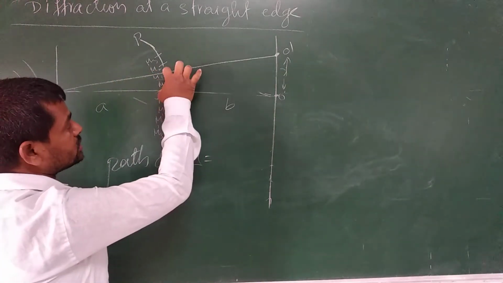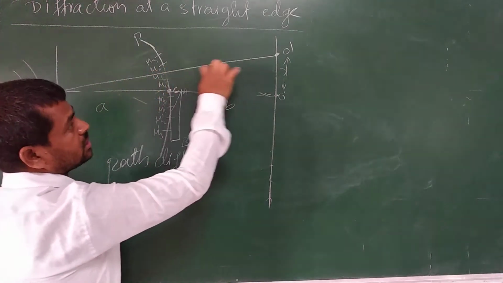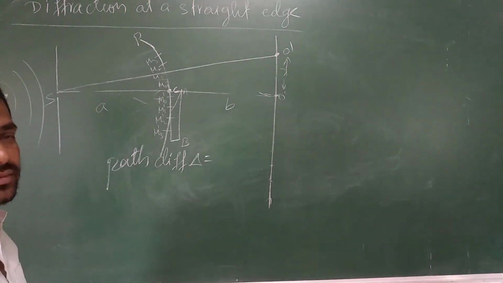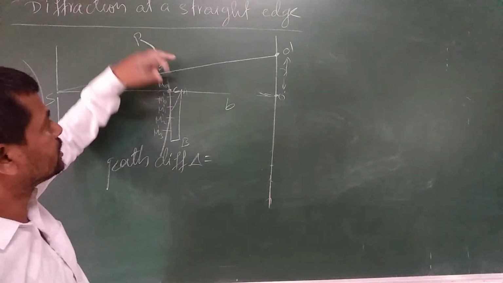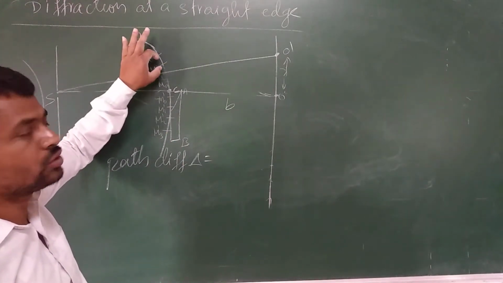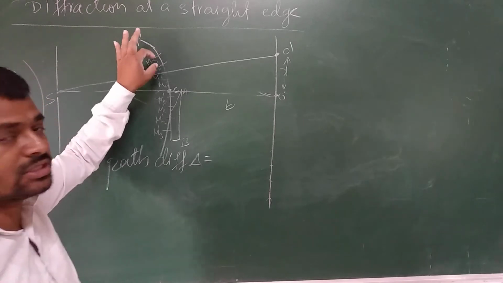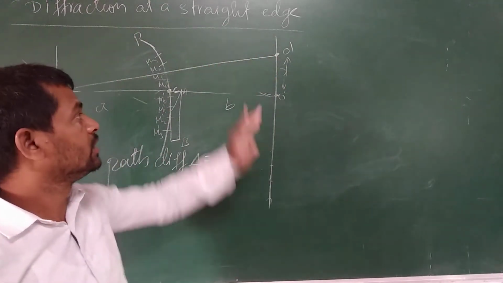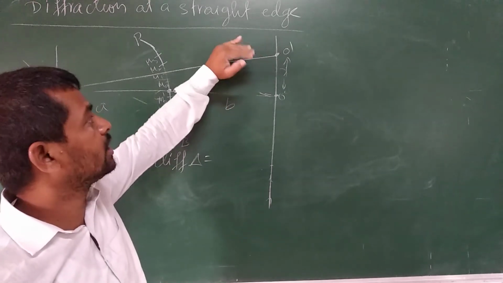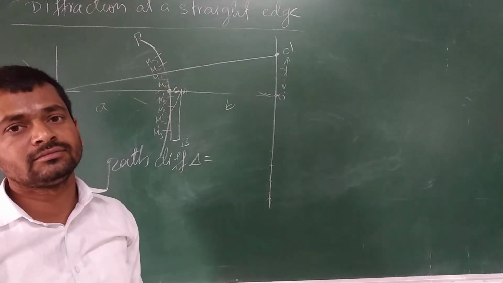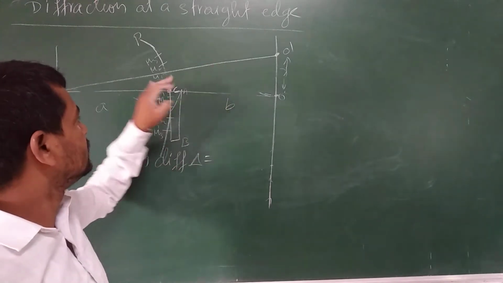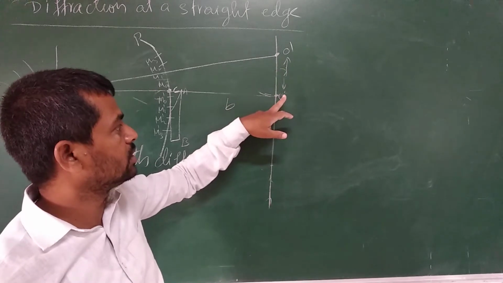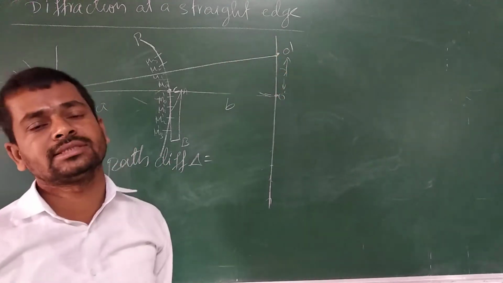So the light which is coming in between these may fall in between O and O dash. That is the meaning. And beyond this line, the light which is coming from those zones may not fall here. It may fall above this line. These two lines indicate that the light which is coming from these zones may fall in between O and O dash or at O dash also.